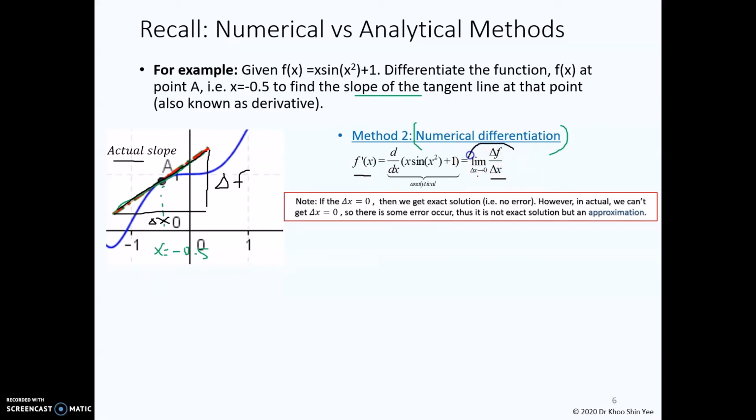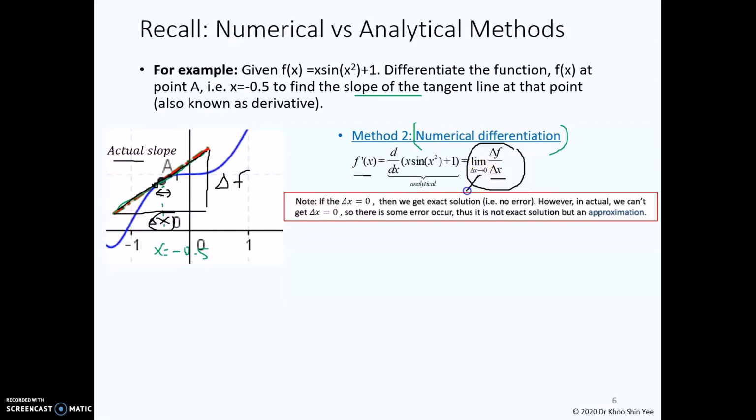If you examine this formula closely, you will find that the limit for the delta x is approximate to 0. This means that the 2 points to compute the slope must be close enough where your delta x here is very small, which is approximate to 0.